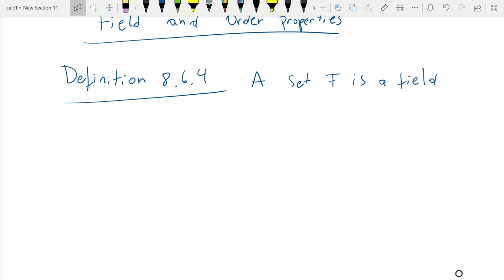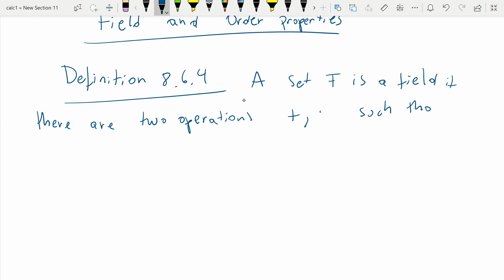A set F is a field if there are two operations, plus and times, such that the following conditions hold.